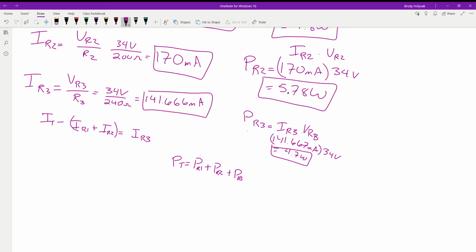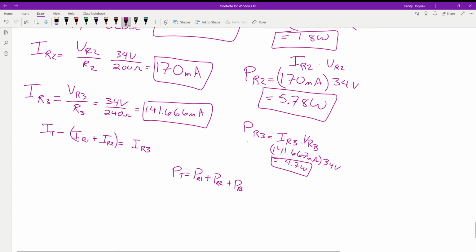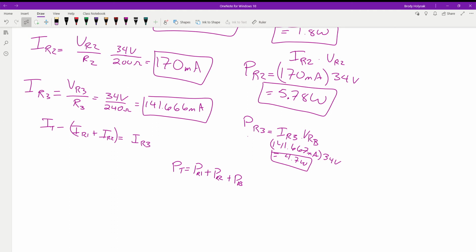Okay. And again, we could have solved for the power for R3 by subtracting from the total the power across R1 and the power from R2. Both would have given us the same answer, or at least within a couple of milliwatts of each other.